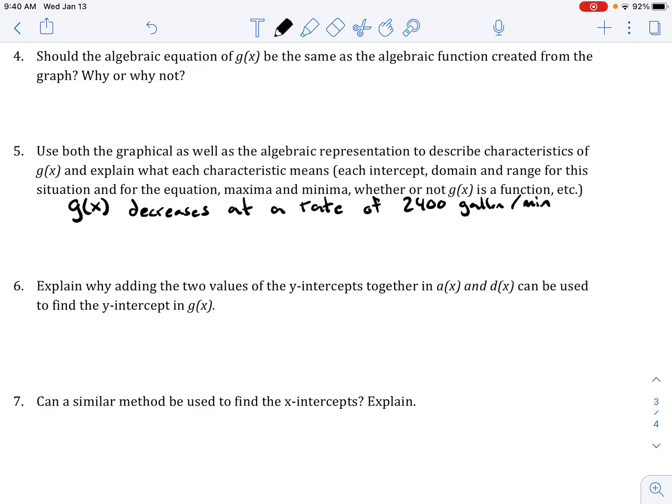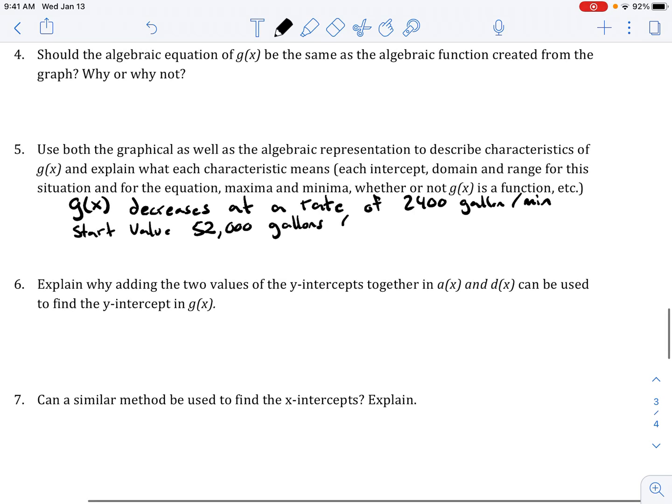Okay. The start value was 52,000 gallons, which means the y-intercept was 0, 52,000. The range.